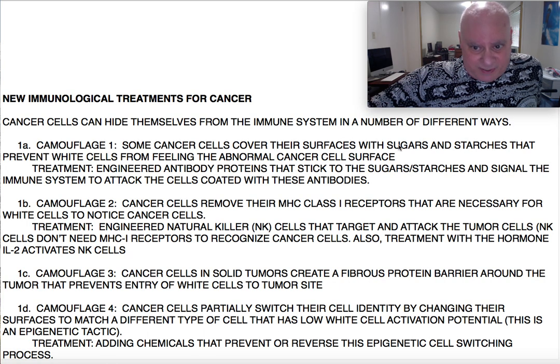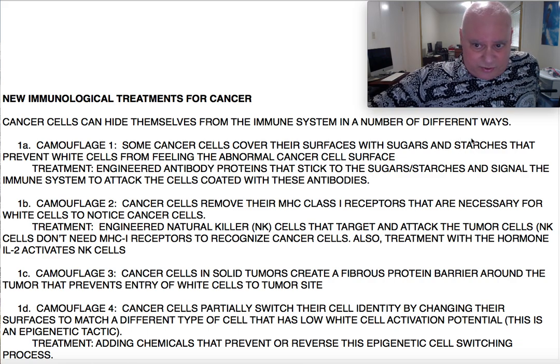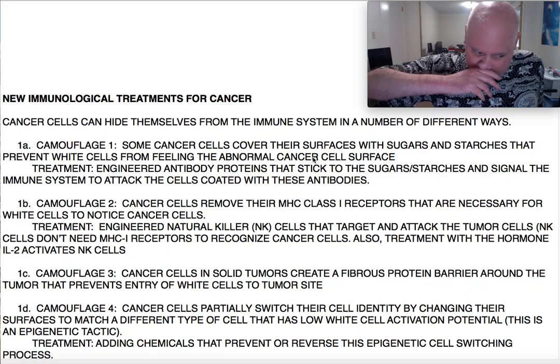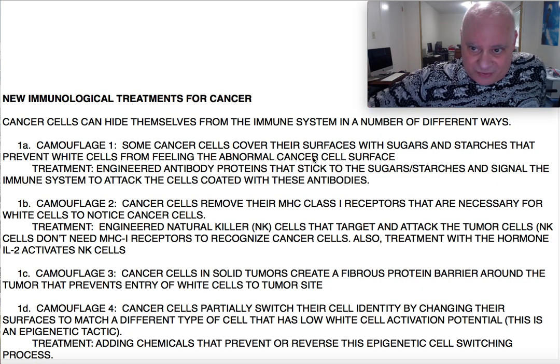But cancer cells make a lot more of these sugars and starches so they can completely cover their entire surface with these, so that when white cells feel these cells, the only thing they feel is these sugars and starches, which are normal parts of normal cells. So the cancer cells just don't get attacked because the immune cells don't feel them as abnormal.